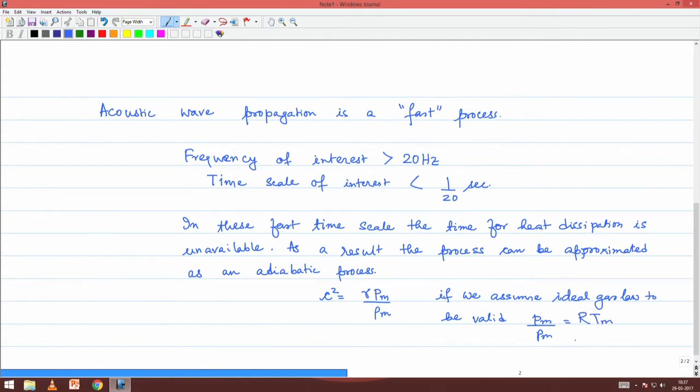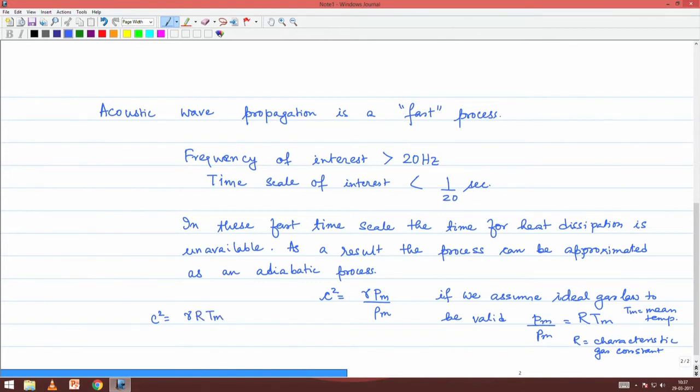R is the characteristic gas constant, and T m is the mean temperature. So, the moral of the story is C square could be written as gamma R T m.